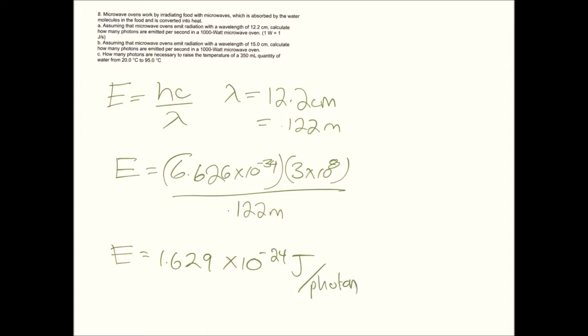The problem also states that we're dealing with a 1000 watt microwave, and 1 watt is equal to 1 joule per second.